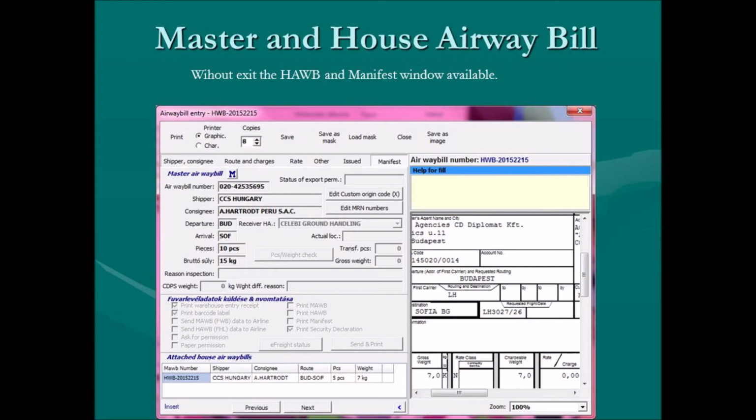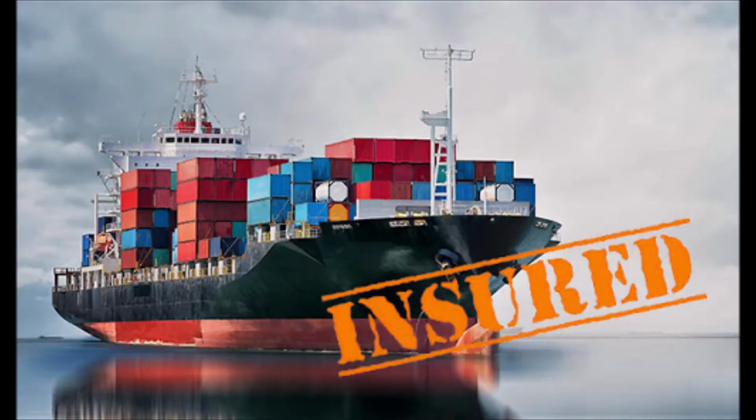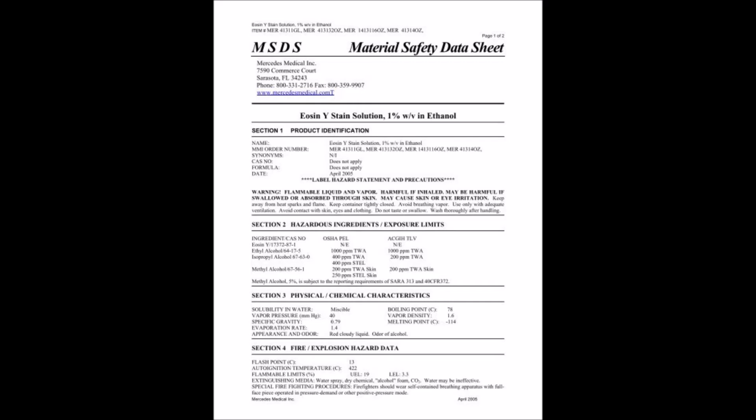What is house airway bill and what is master airway bill, we will discuss in detail in next parts. Regarding sea shipments, we have LCL and FCL. What is LCL and what is FCL, we will discuss in detail in other parts. Insurance certificate. We have many types of insurance policies for export shipments. We will discuss in detail in next part. Material safety data sheet, which we call MSDS, and Certificate of Origin, which we call COO.